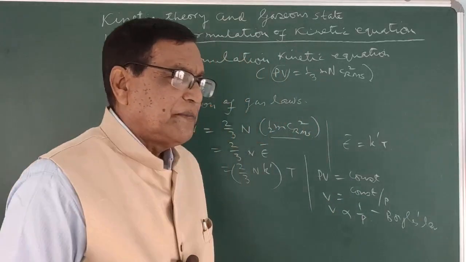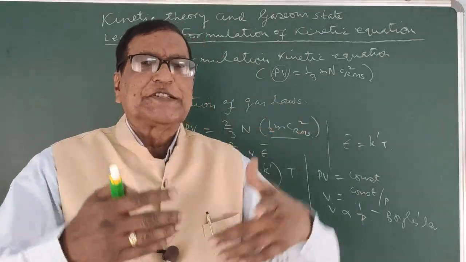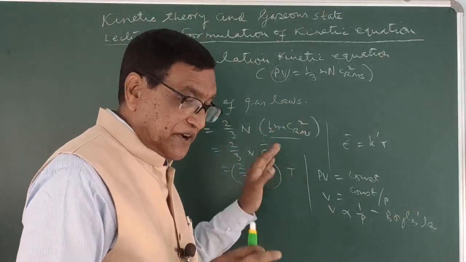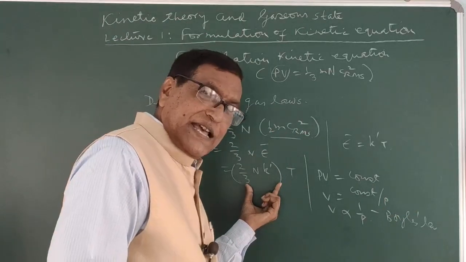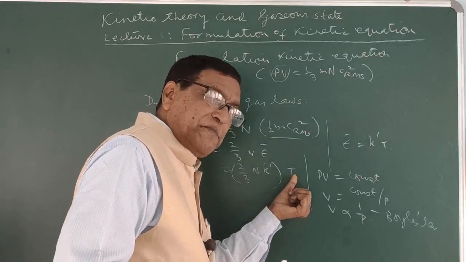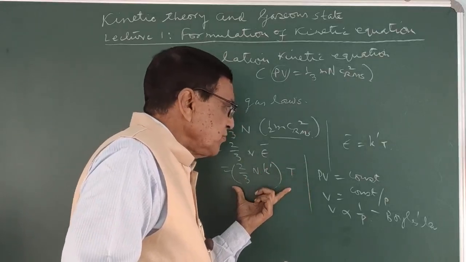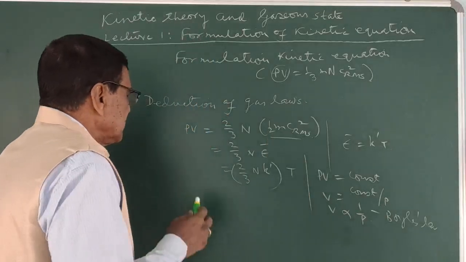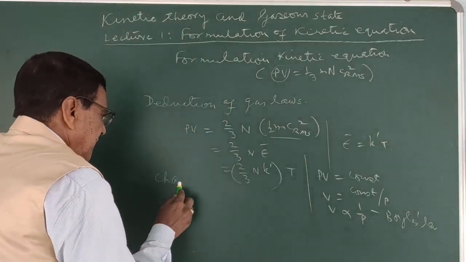V is inversely proportional to the pressure. If you increase the pressure, volume decreases at a given temperature, mind that. For a given amount of gas, N is fixed, and at a given temperature T is constant, so the right hand side is fully constant. Charles's law is again verified.